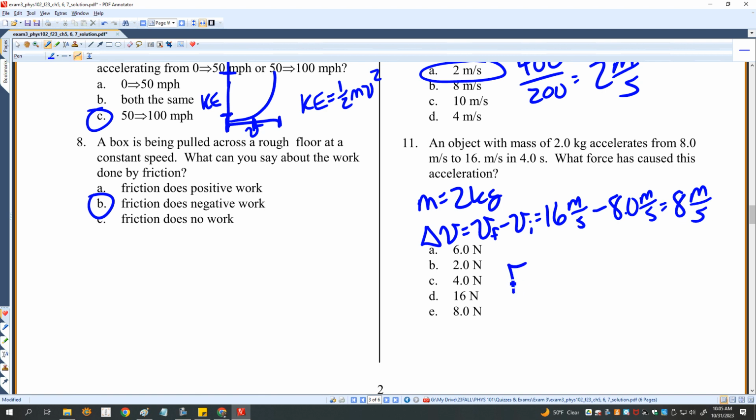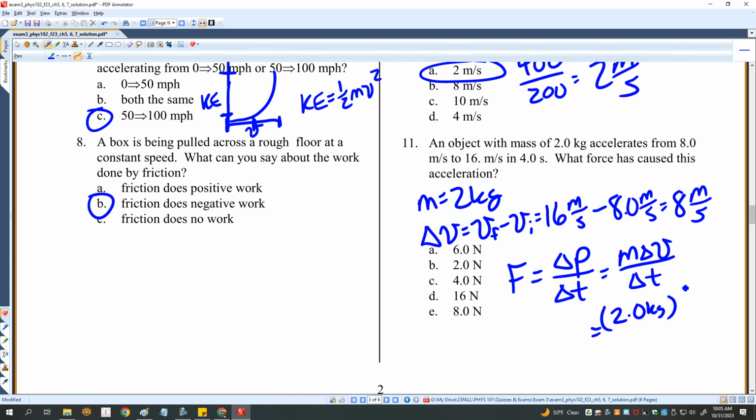I know F is equal to delta P over delta T. That's M delta V over delta T. That's going to be 2 kilograms times delta V, which I've already found, 8 meters per second, divided by the time, which is 4 seconds. 16 divided by 4 is 4 newtons. So C is the right answer.